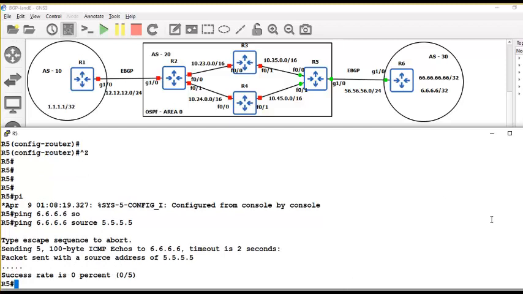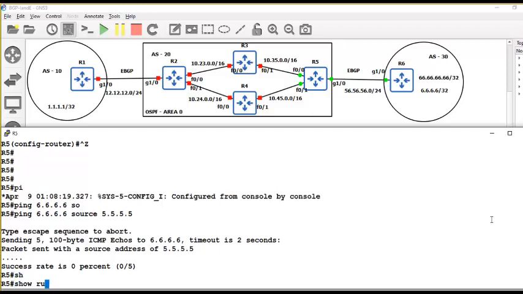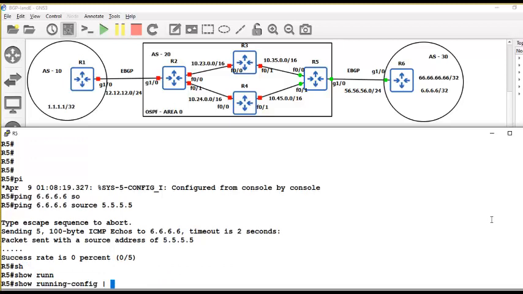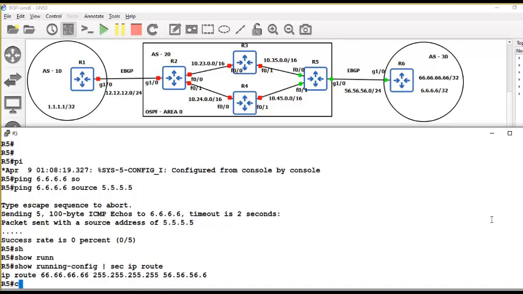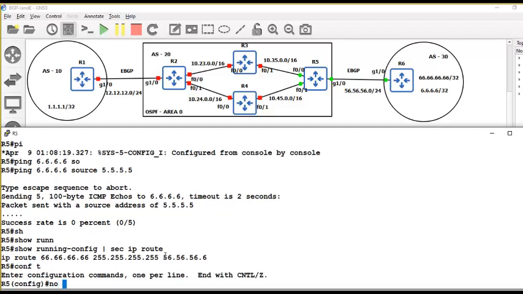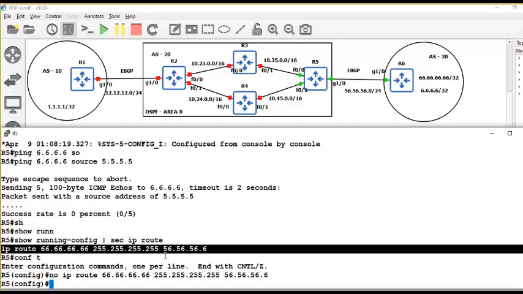Hold on. Earlier I had a static route for 66. I need to remove that. I don't want a route for reaching the 66 network. I remove this. Instead I write this.